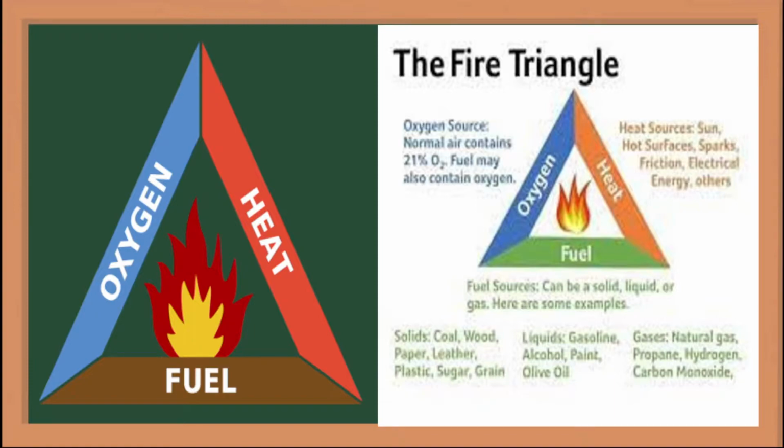Then, number 2, heat sources. These are the sun, hot surfaces, sparks, friction, electrical energy, and others. And number 3 is the fuel sources. Fuel sources can be a solid, liquid, or gas.